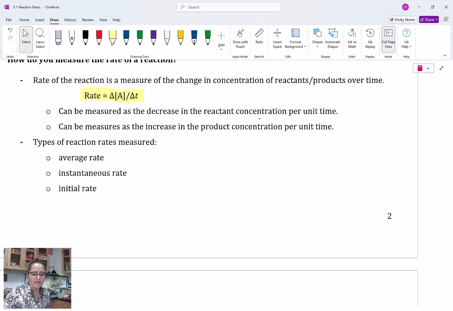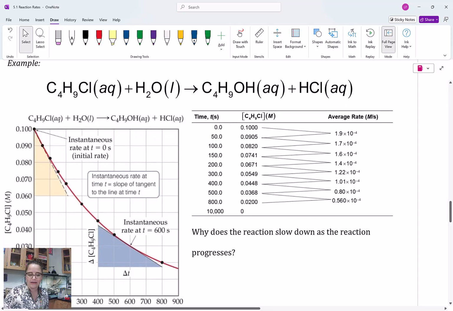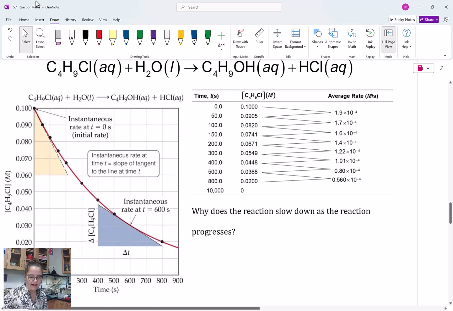Let's start with just looking at an example here. We have this reaction of C4H9 chloride reacting with water to form C4H9OH and hydrochloric acid, HCl.